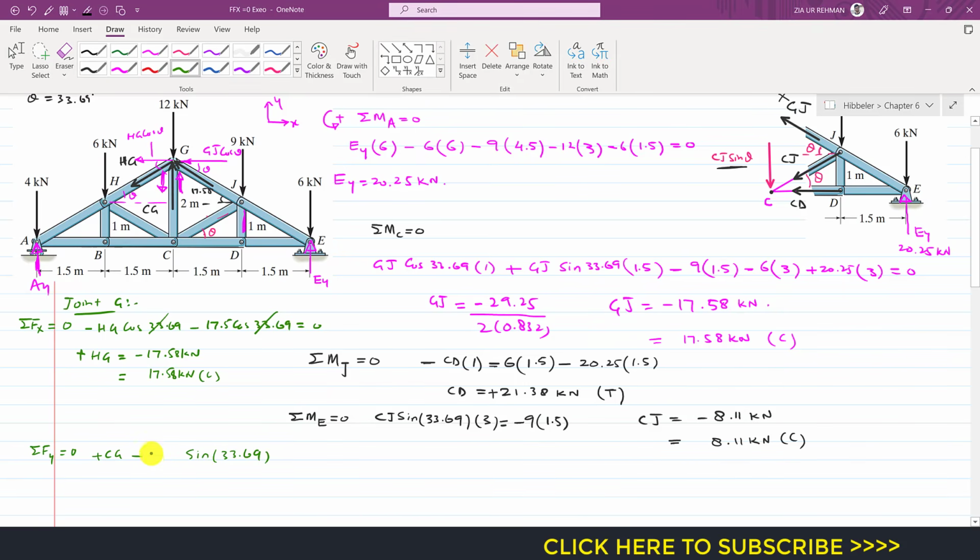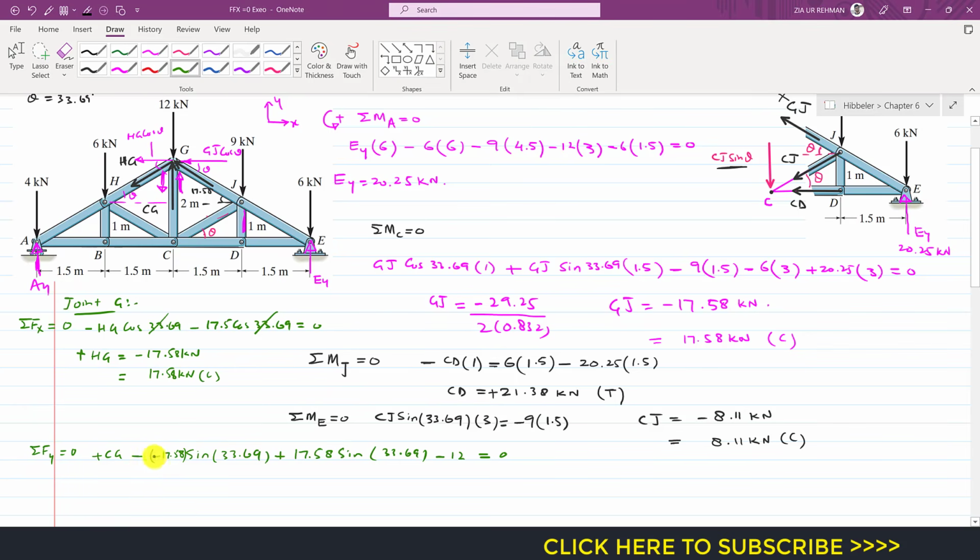So I will write this as minus 17.58. And similarly, this is the Gj sine component, acting in the positive y, so I will write Gj, and Gj magnitude is 17.58 sine of 33.69. This is acting in the positive y direction, and this 12 kilonewton force is acting in the negative y, so I will write minus 12, and this is equal to 0.